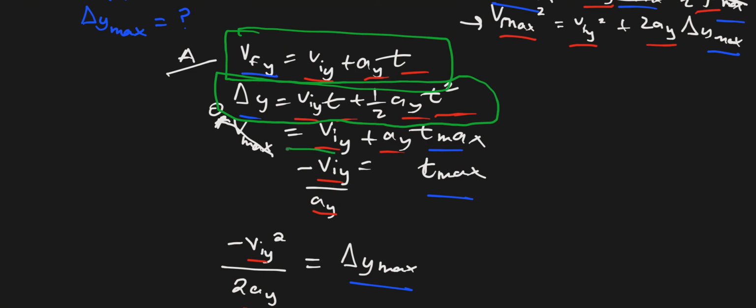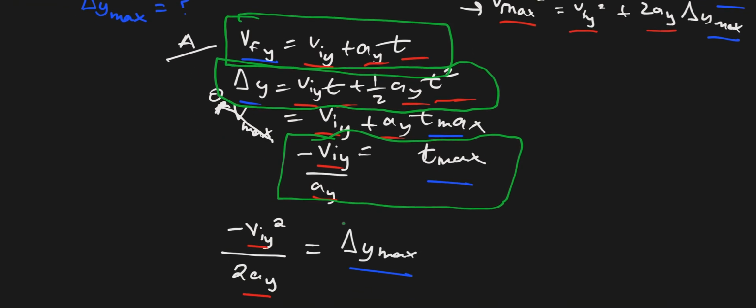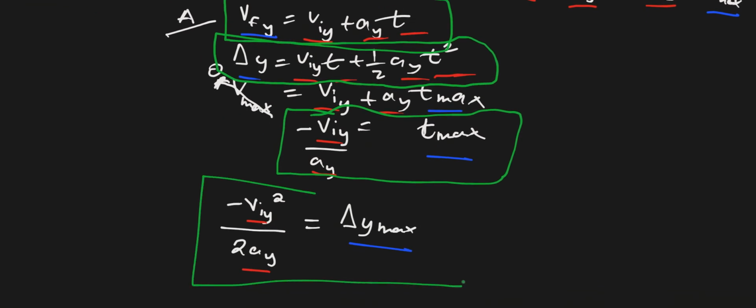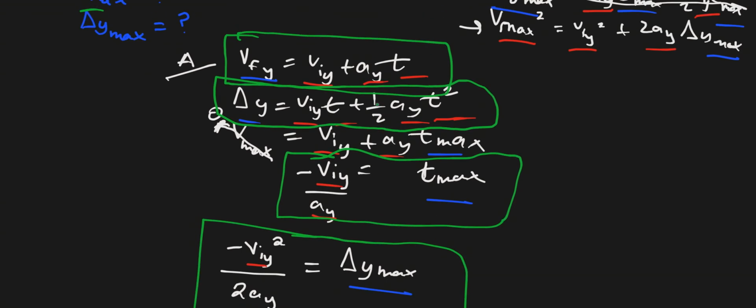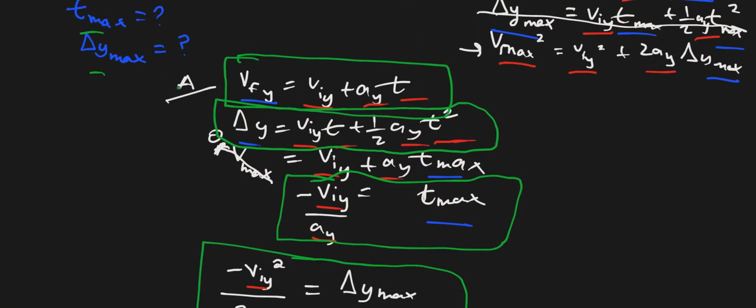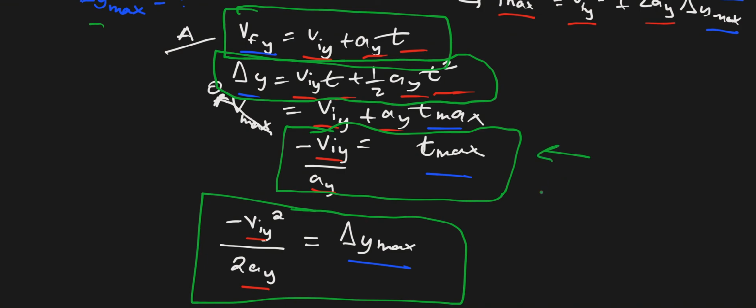Then this is equation 3 right here, to find t max, and this is the final equation, perhaps the neatest to write, to find delta y max. These 2 equations, you can actually memorize them if you wanted to, just to save time, but it's not too bad to just derive them on the spot.